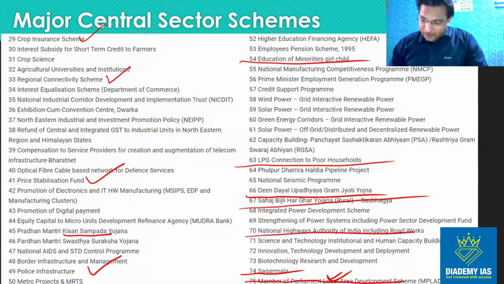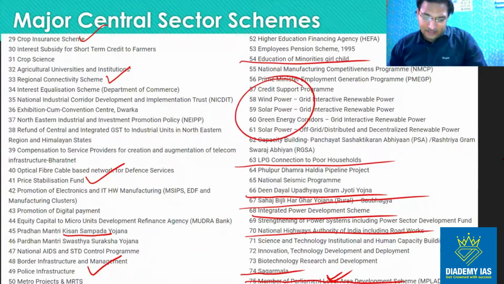National Highway Authority of India, including the road sector development, IPDS, all the renewable energy schemes. So you can see a lot of schemes are part of the central sector scheme. In such cases 100% money is given by the central government. आपको याद रखने की जरूरत नहीं है. You do not need to remember the names of all these schemes. Just have an idea.